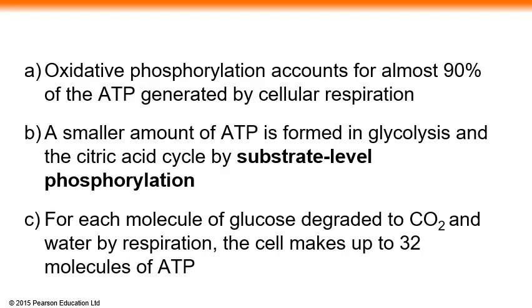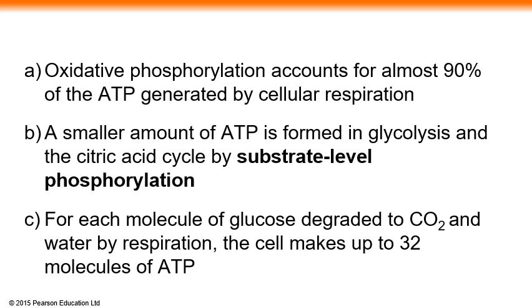Oxidative phosphorylation accounts for almost 90% of the ATP generated by cellular respiration. A smaller amount of ATP is formed in glycolysis and the citric acid cycle, the Krebs cycle, by substrate level phosphorylation.